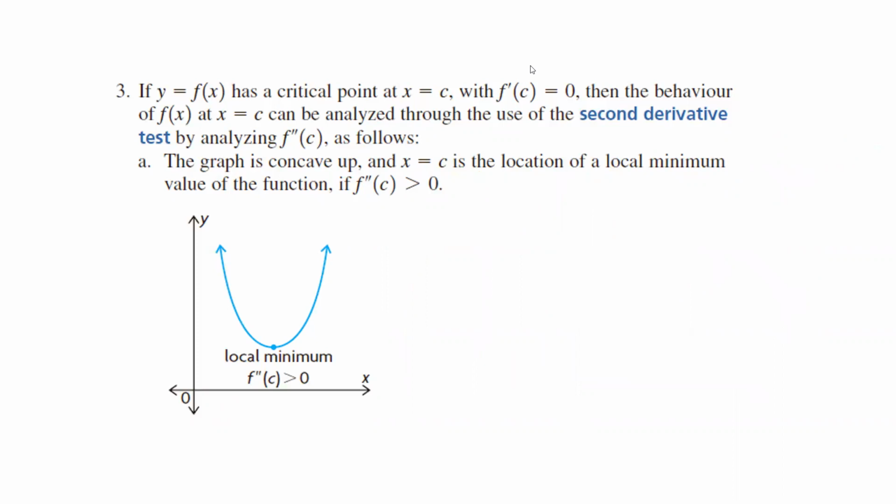So let's clarify it. Second derivative positive means it's a local minimum of a function, but not exactly like that.